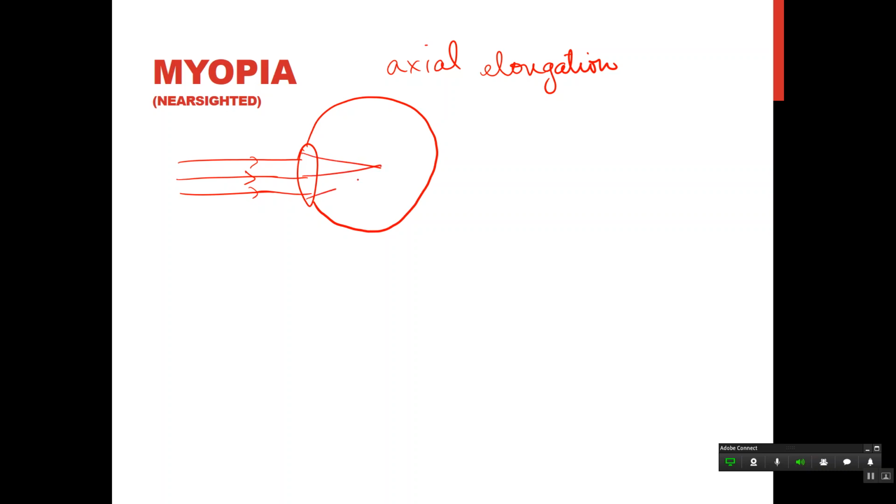So in this case, is your lens focusing too much or not enough? Too much, exactly. The lens is over-converging, and what you end up getting is blurry vision for far objects.